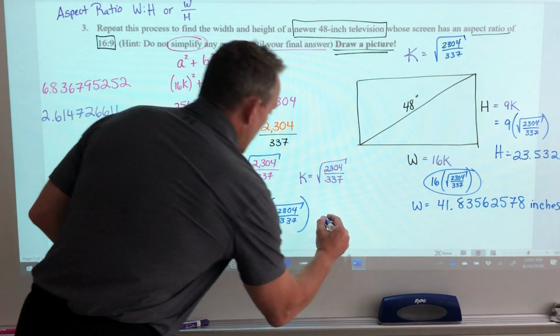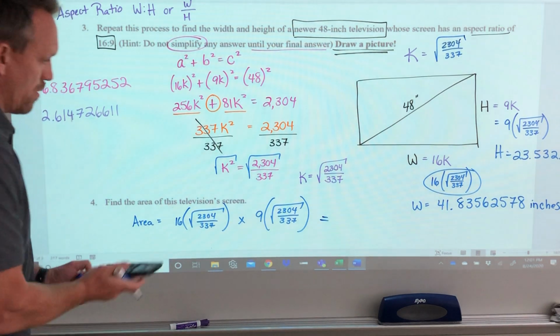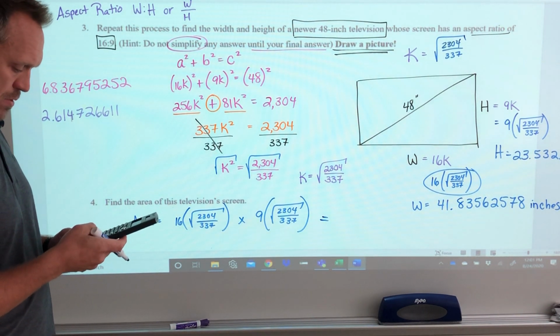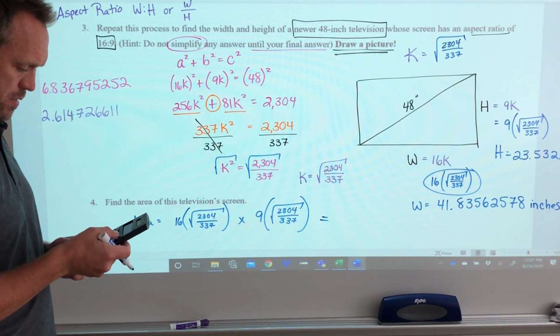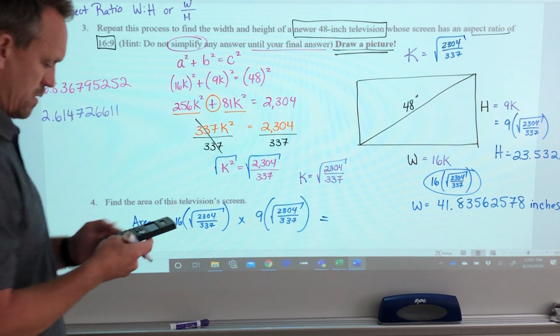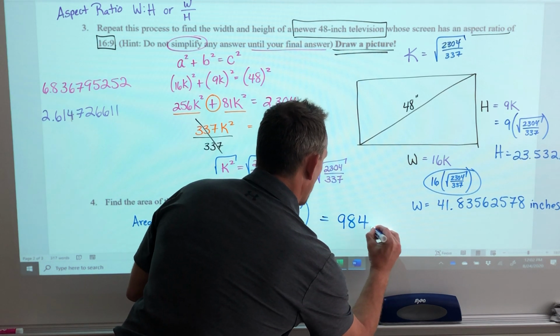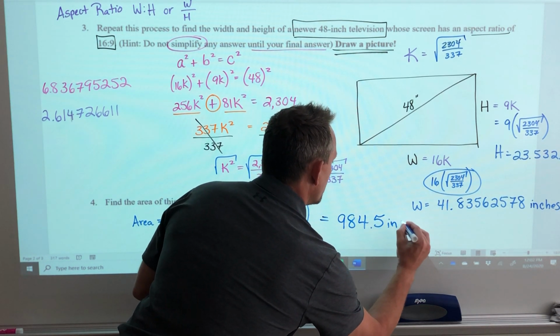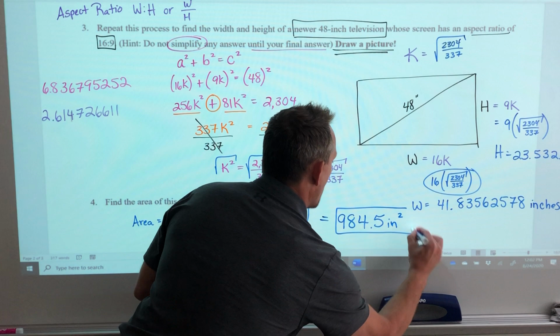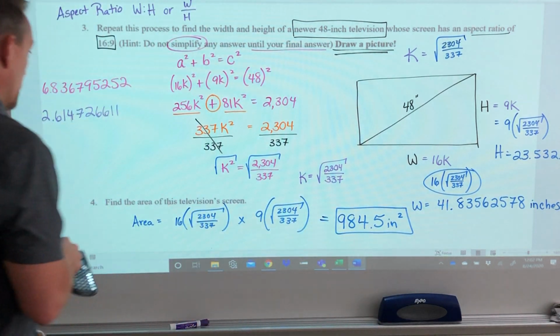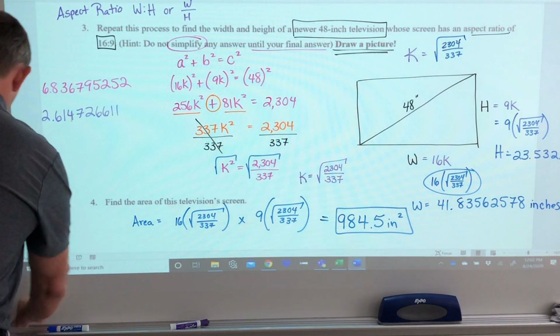So if you multiplied this all the way out, you would have ended up with 984.5 inches squared. I rounded that time because it says don't round till you get the final answer.